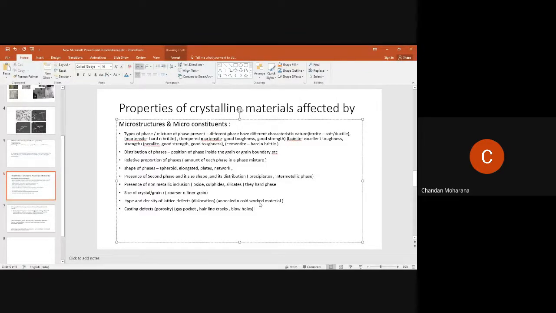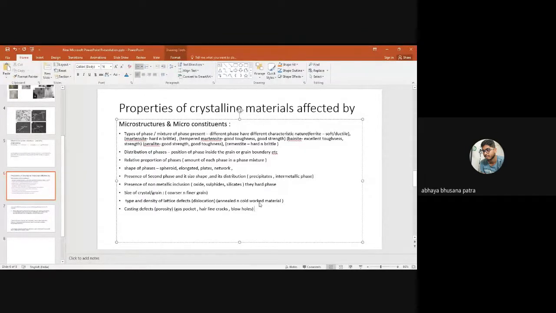Forget about density. I am talking about strength. Porosity means it is a gas pocket, or some space is present. So with more porosity, strength decreases. More porosity will decrease strength. Why? Because that will act as a crack initiation point.